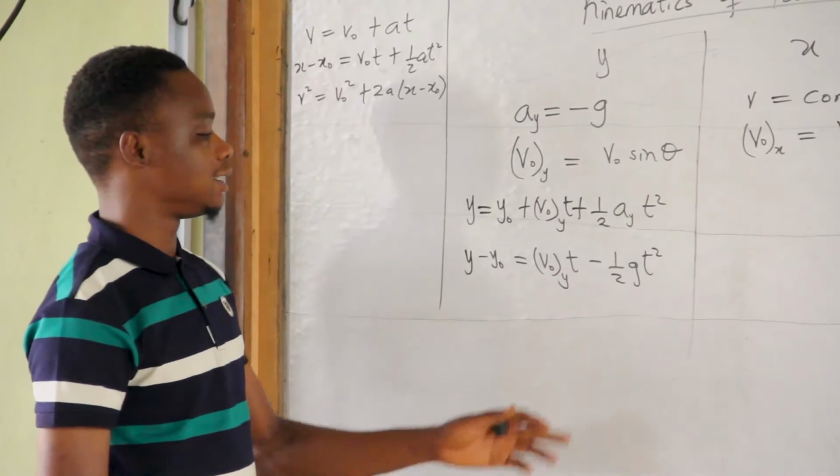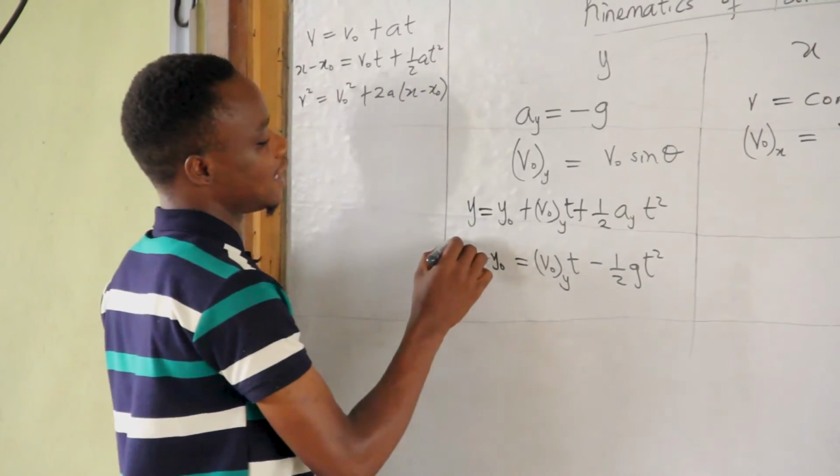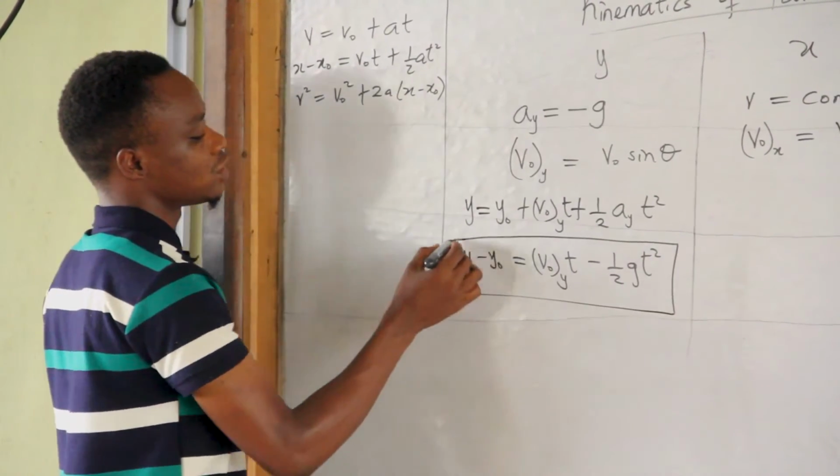What have I done? a_y is minus g. So if I want to analyze motion in this direction, I can always use this equation.